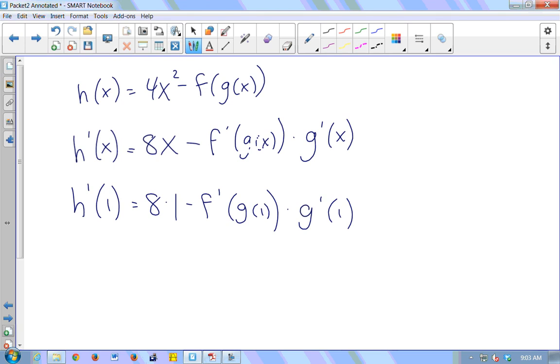All right, so let's work on f prime of g of 1. What is g of 1 according to the values they gave us? 2. So I'll just replace g of 1 with a 2. So this says 8 minus f prime of 2 times g prime of 1.